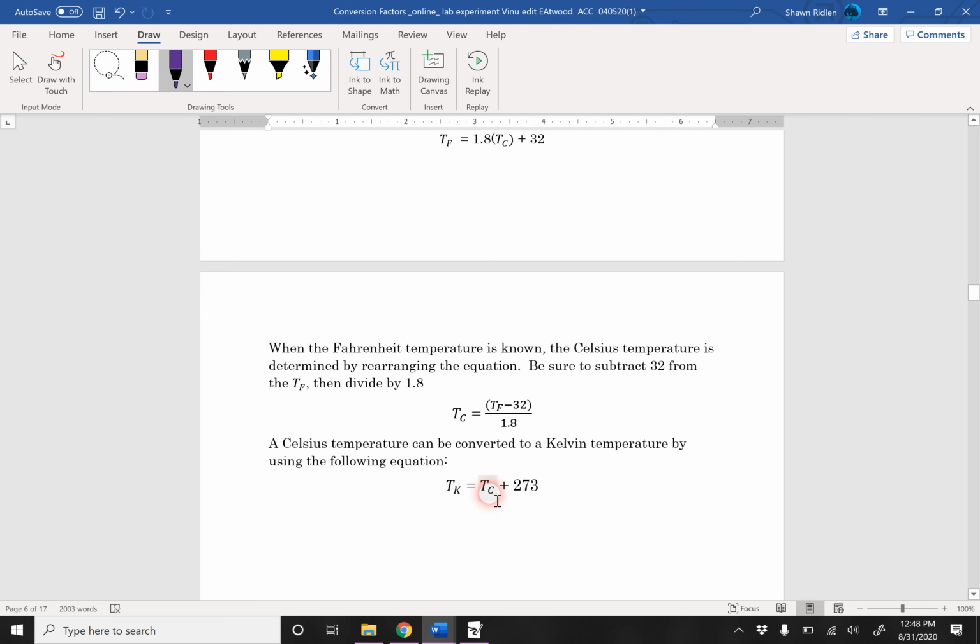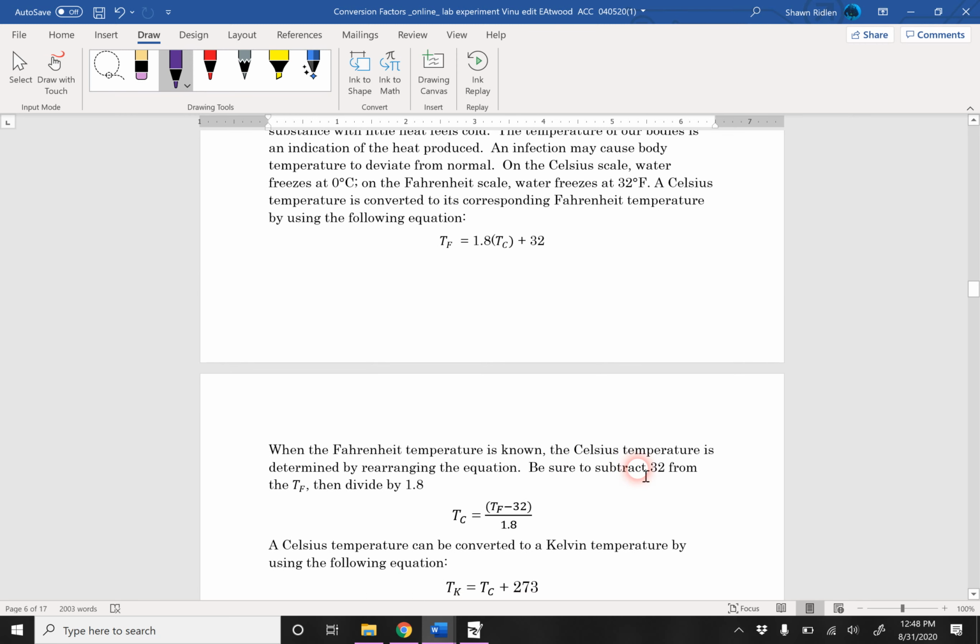So you just take your Celsius temperature, add 273, or take your Kelvin temperature and subtract 273. And that's because all they've done between those two scales is shifted one up by 273. That's literally the only difference. The other two are a little more complicated, but not difficult either. They're, again, very simple calculations.